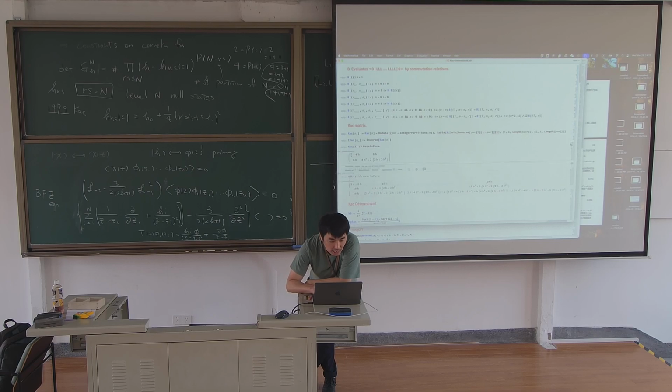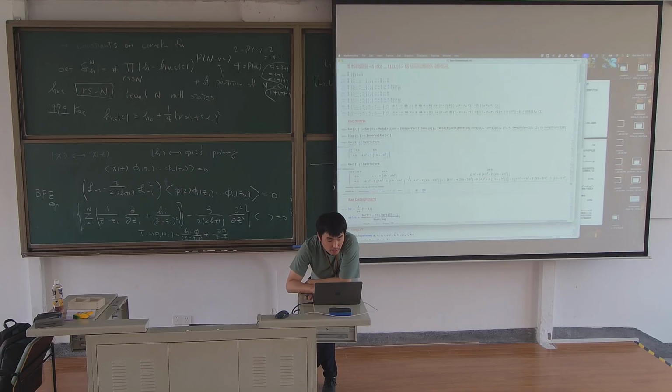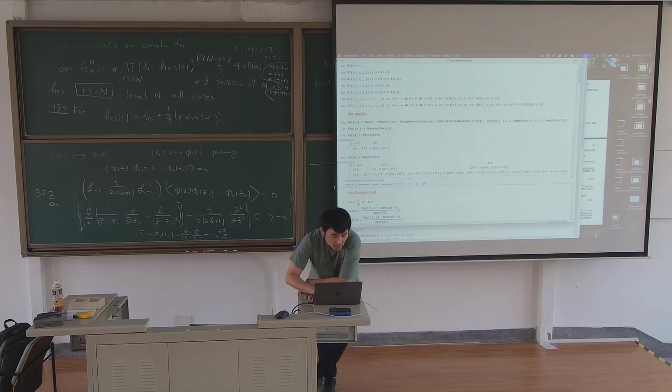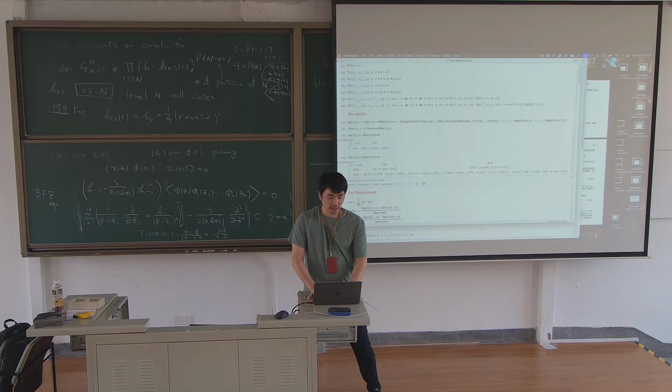For instance, this is Kac 2, which means the level 2 Kac matrix. And this is the matrix. Level 3 is something like this one, and so it's like this way. So you can just compute as you want.